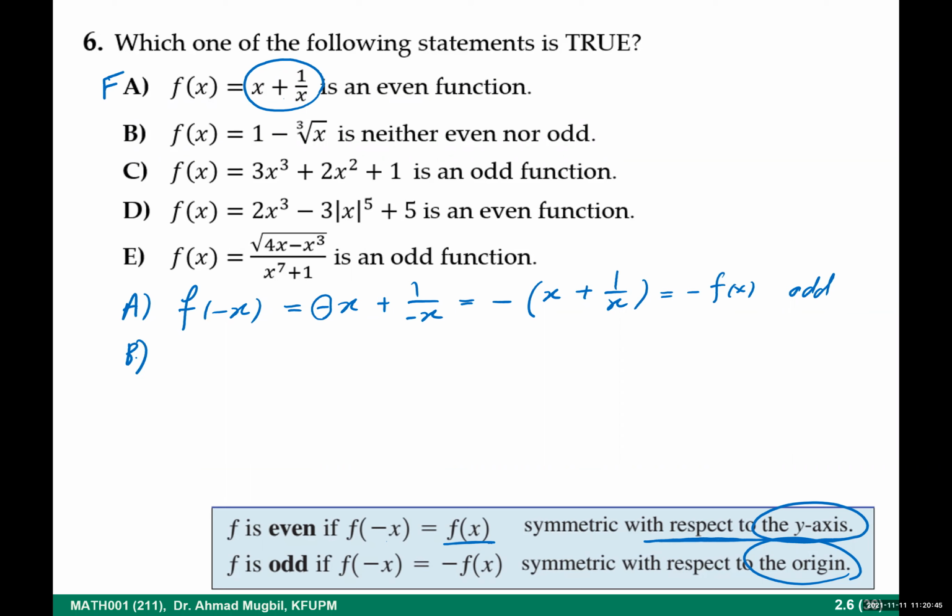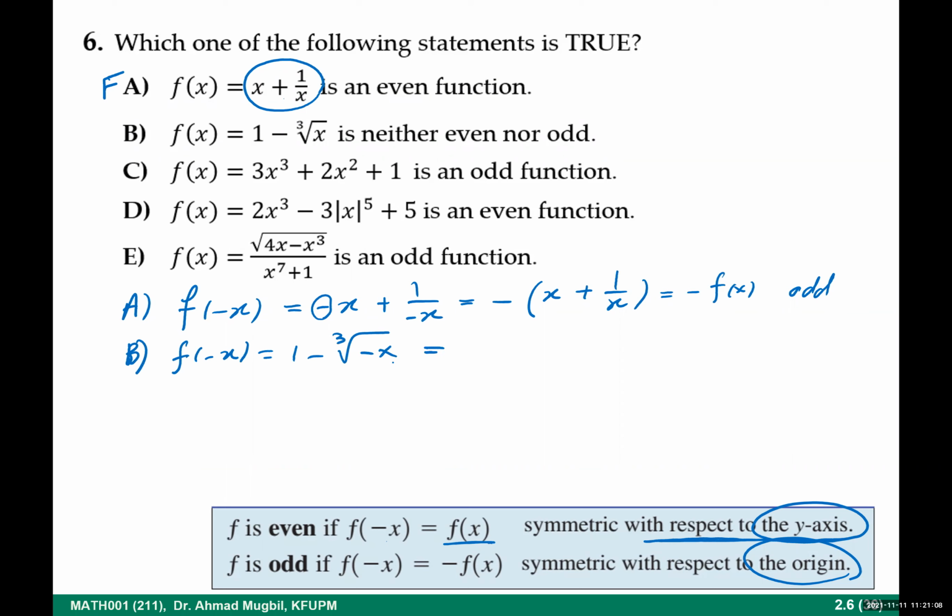B, it is what? He said that it is neither even nor odd. So f at -x will be 1 minus the cubic root of -x, equals 2. What is the cubic root of -x?